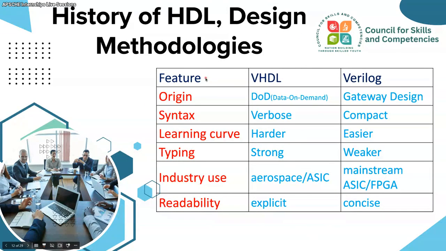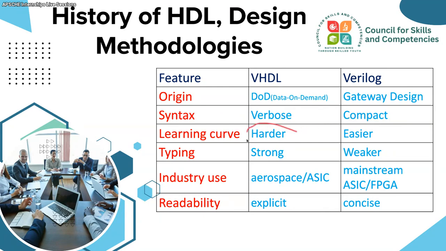I hope you get it. I tried to capture the features of VHDL and Verilog and compare them. VHDL's origin is data on demand, with its origin in gateway design. Its syntax is fully verbose, while Verilog is compact.